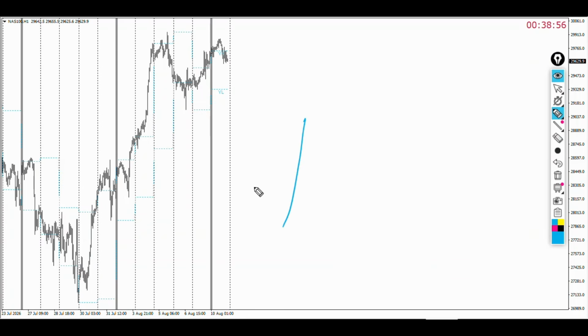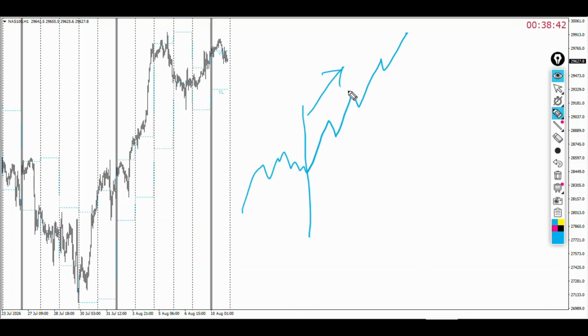Let me make it more simple. Before we go to our chart, this is our CIB. After the CIB you expected three levels, but it goes more than three levels, 700, 800. That means price right now has a tendency to go up or continue with the trend. So you are looking for a setup to buy, trading with the trend.